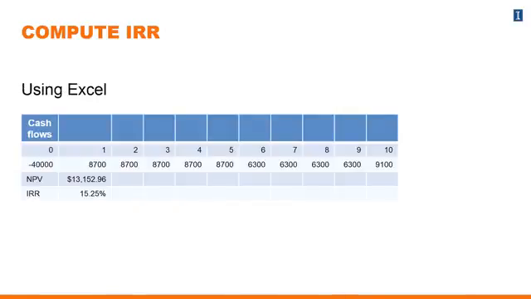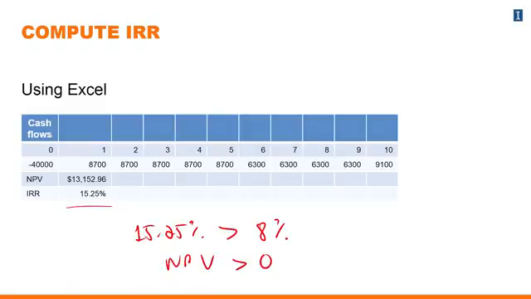If you do the calculation in Excel, again, Excel would be the best way of doing this, using the Excel function IRR, writing down the cash flows, you will see that the IRR is 15.25%. So 15.25 is bigger than the discount rate, same thing as a positive NPV. This is a good project that would increase shareholder value.